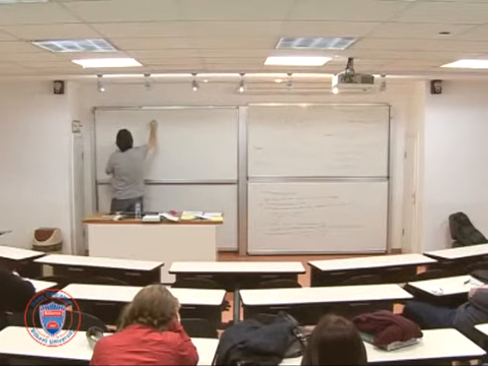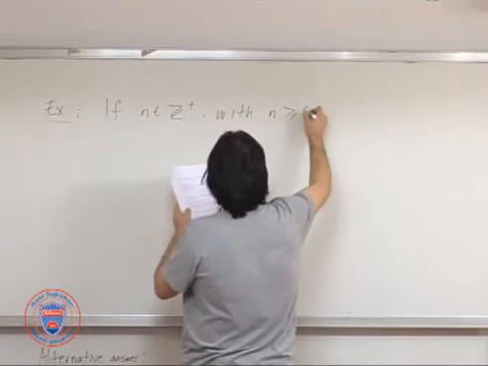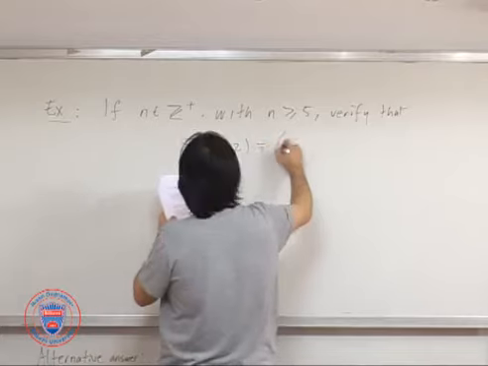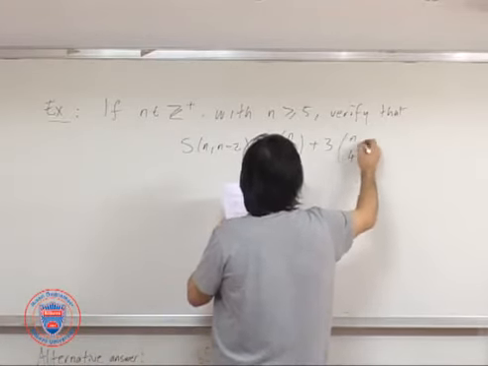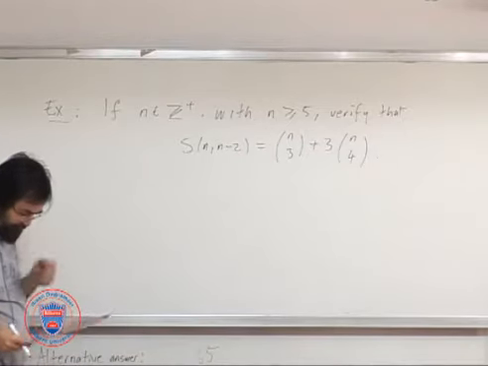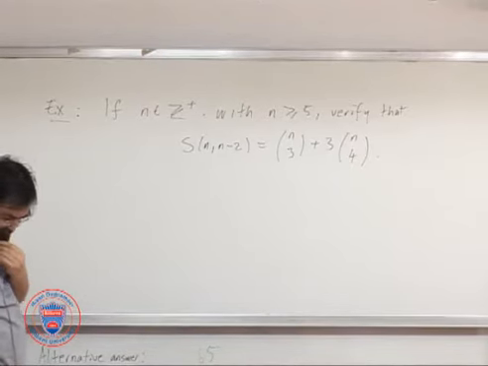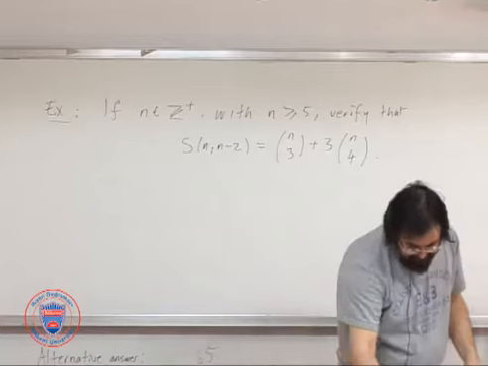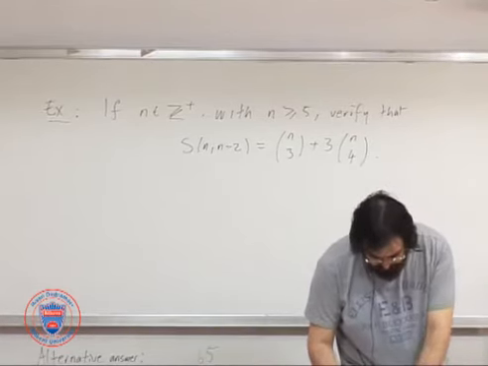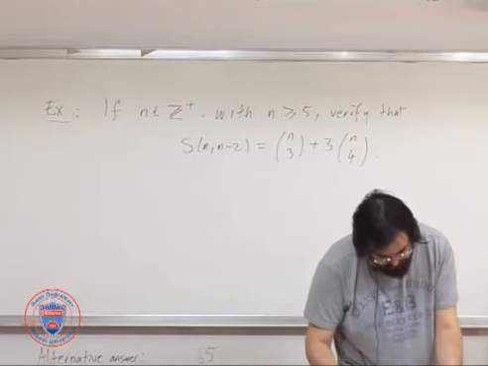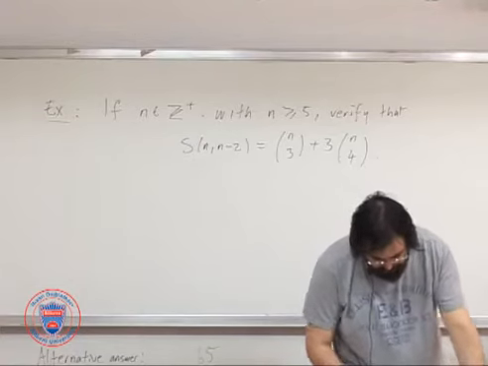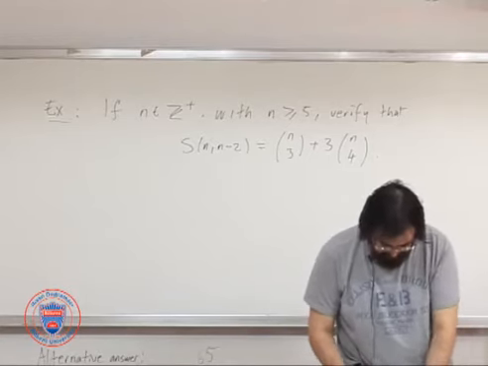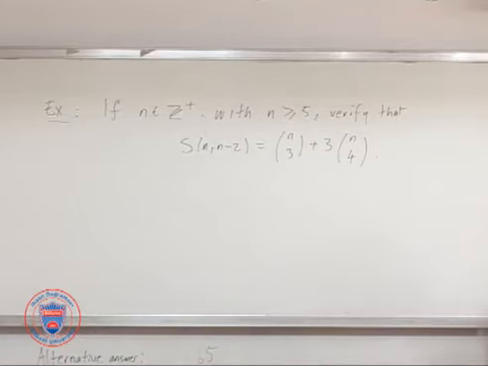If n is an integer with n bigger or equal to 4, verify... Any ideas, any suggestions?